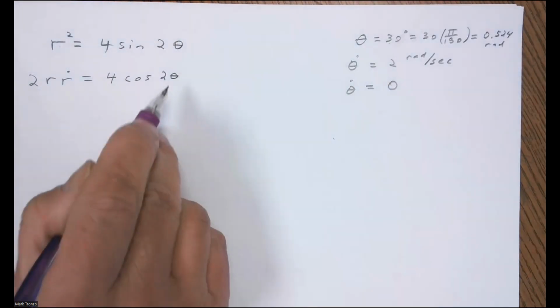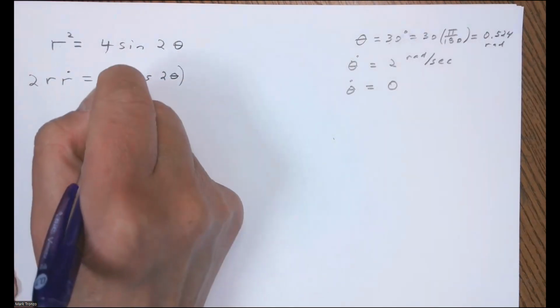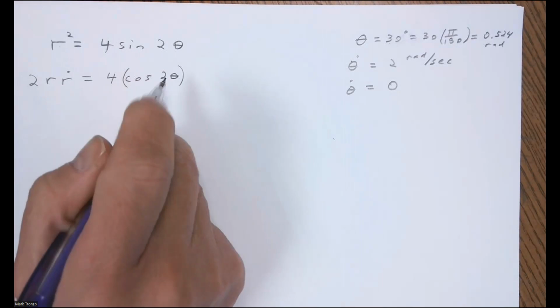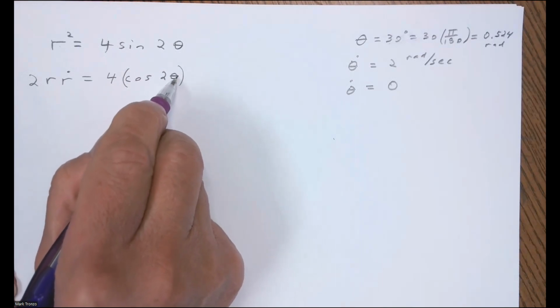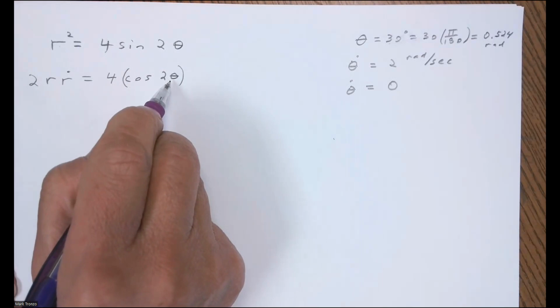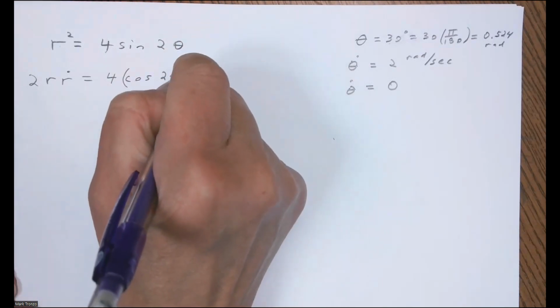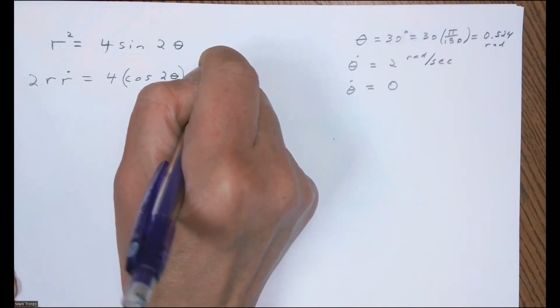Then again, using the chain rule, we want the derivative of this. Normally this would become 2, and then times the derivative of this function, but we don't know what that function is, so we just have to call it 2 theta dot.